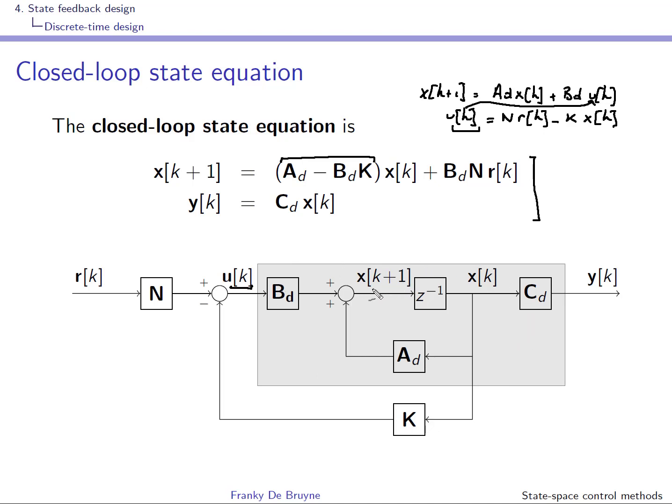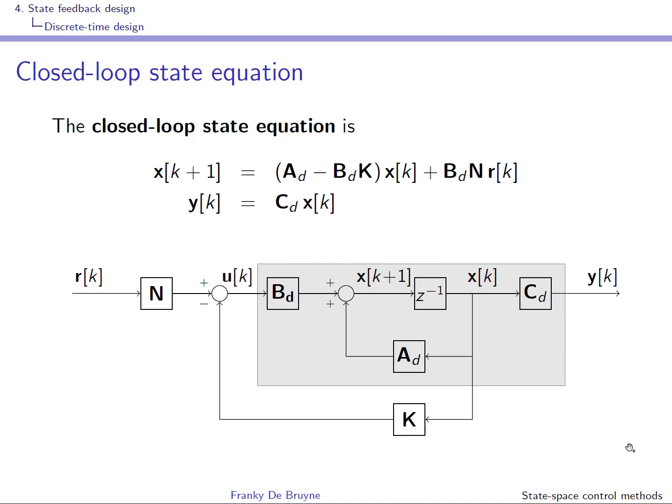You see here x of k plus 1 is BD acting on u plus AD acting on xk, and to go from x of k plus 1 to xk you have the delay operator. The comment that I made about a linear system here is still valid. In practice you will have a non-linear system, so here a representation with uk, yk and the state xk coming out would probably be better.